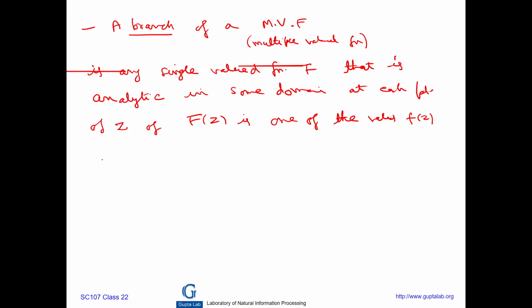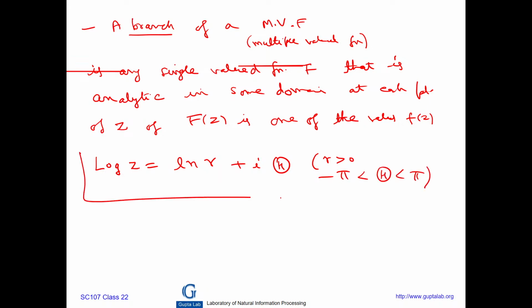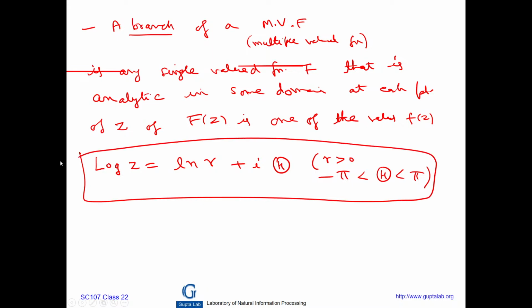For example, log of z is equal to log of r plus i times theta, where r is positive and minus pi is less than theta is less than pi. This is a branch of the logarithmic function, known as the principal branch.